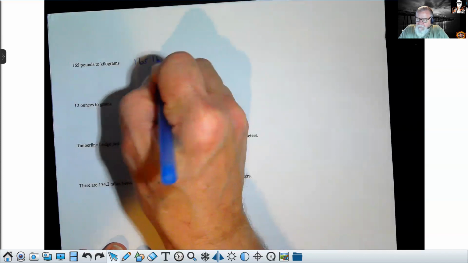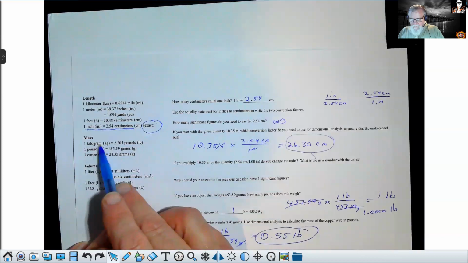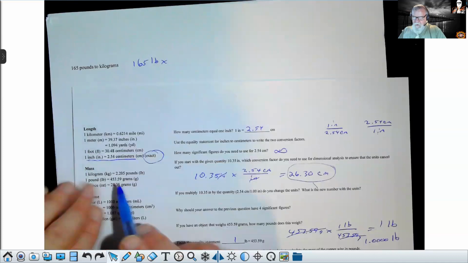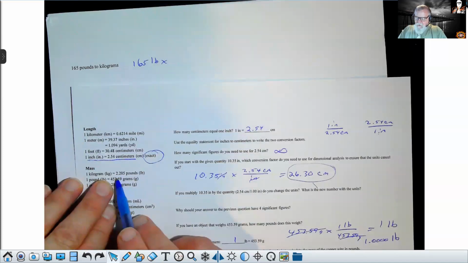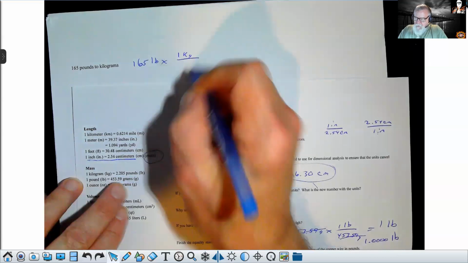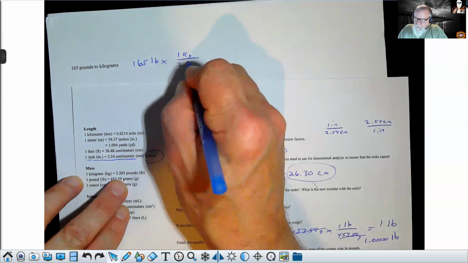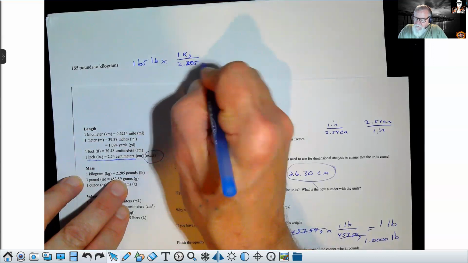So we have 165 pounds. We're going to need to convert from pounds to kilograms. So what do we have? There's our conversion. So we want kilograms to be on top. So we'll go 1 kilogram per 2.205 pounds.